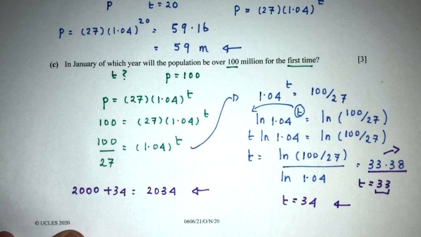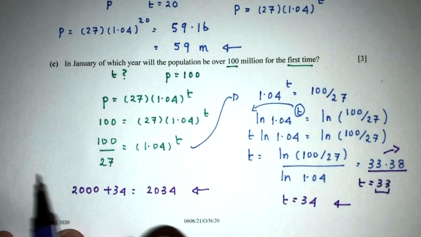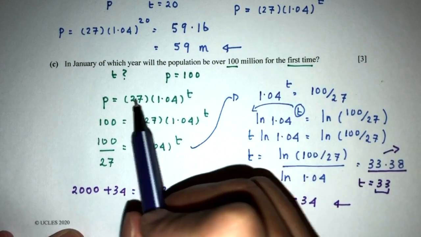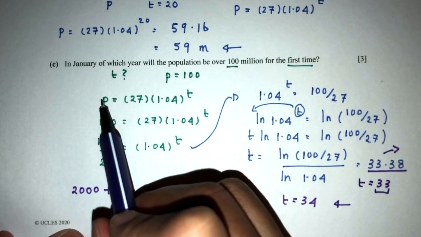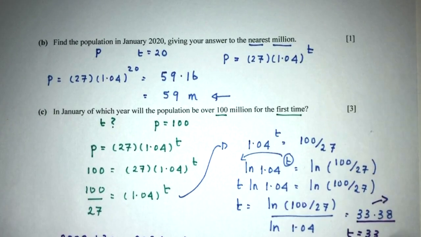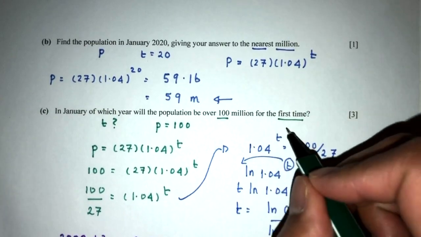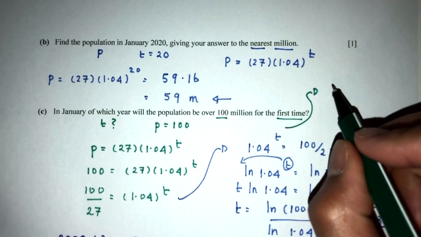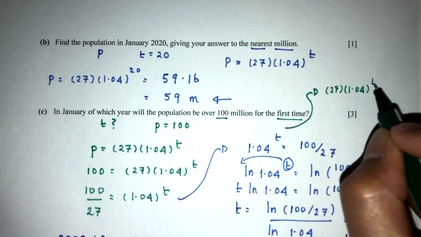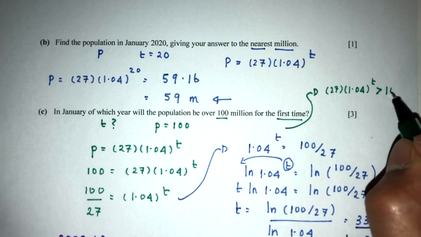Now, of course, it would be much simpler if I just wrote my equation as such: this has to be more than P. So, another way we can do this: basically this is the right answer, but you could have written your equation like this. It could be 27 times 1.04 to the power t more than 100.